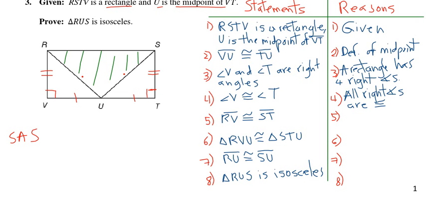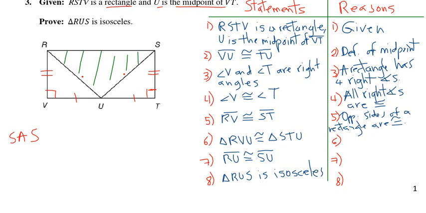And then I have RB congruent to ST. That's because opposite sides of a rectangle are congruent.